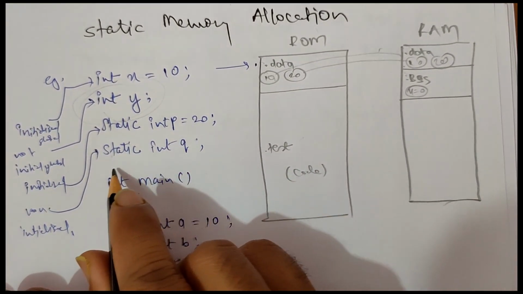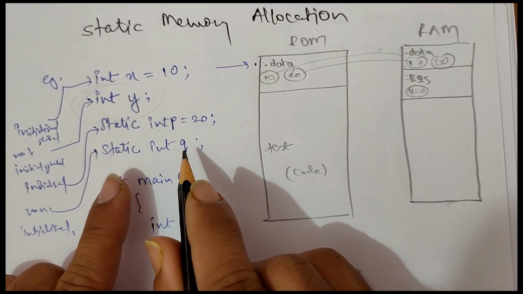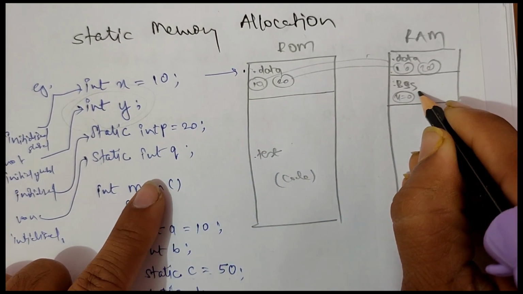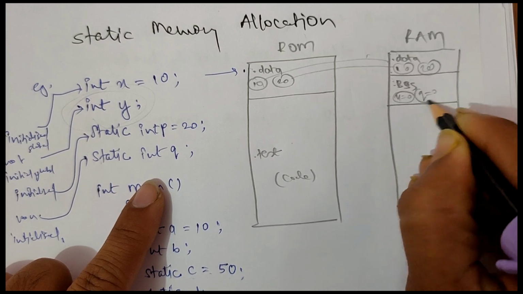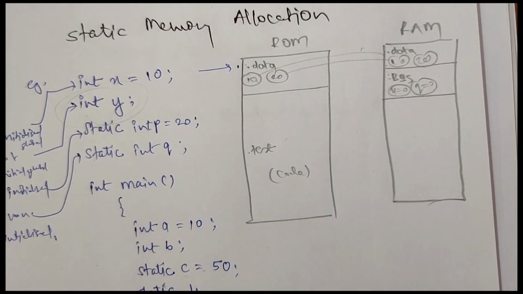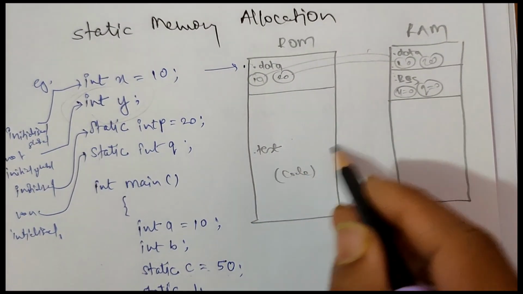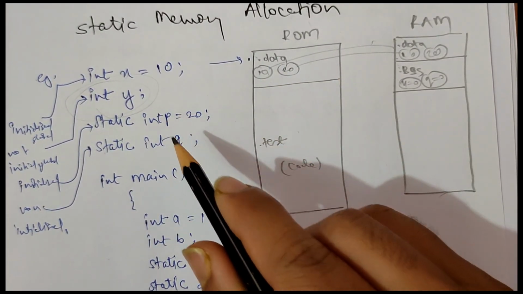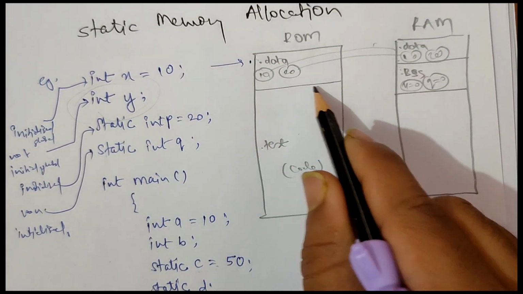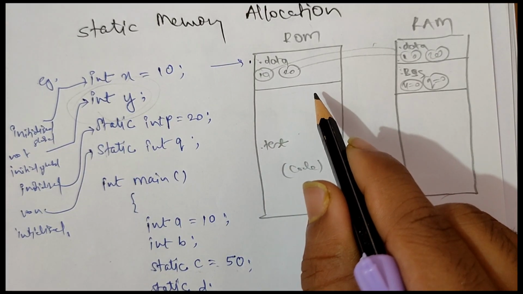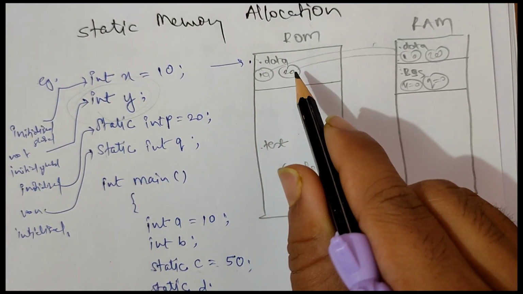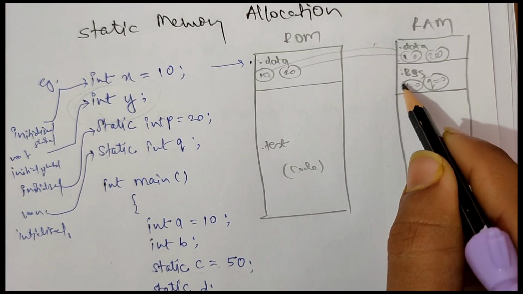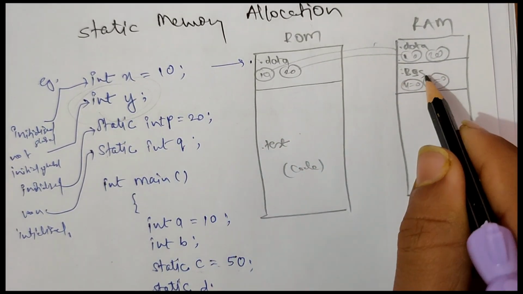One more I have here, static int q, which is not initialized, so it will be initialized to 0 and put in the BSS section, q is equal to 0. From this it is also clear why we are not putting them in the data section: as they are initialized to 0, this is a bunch of zeros, so there is no meaning in putting them in the data section. So we have a different section here, the BSS section, where we put all non-initialized globals.